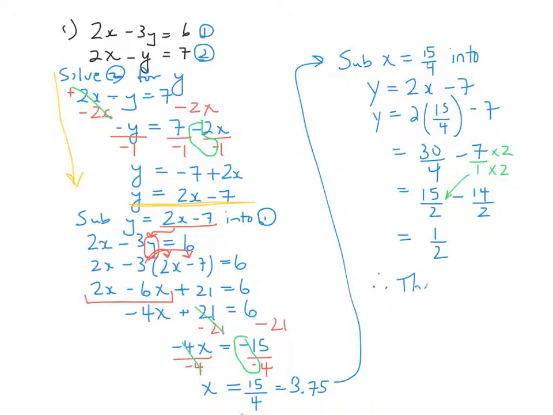Therefore the solution is x comes before y, so I need my 15 over 4 first, comma, and then the y coordinate is a half. So that's the point at which these two lines would intersect each other. That one would be really hard to see or to tell accurately from solving this by graphing. So hopefully you understand that and you can be successful on your practice questions.